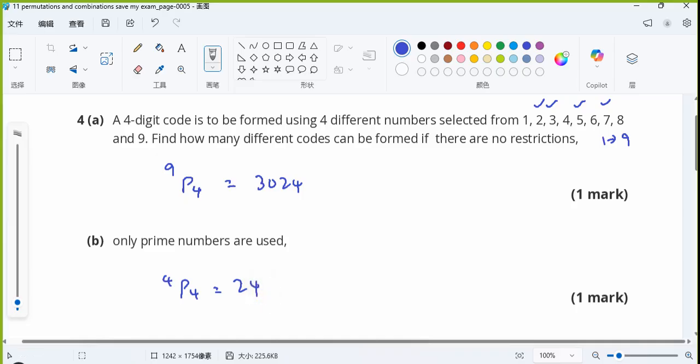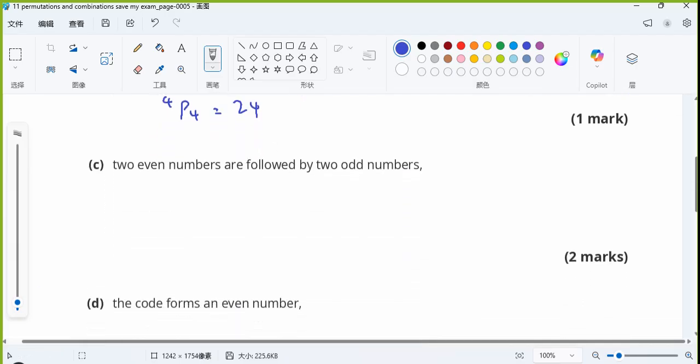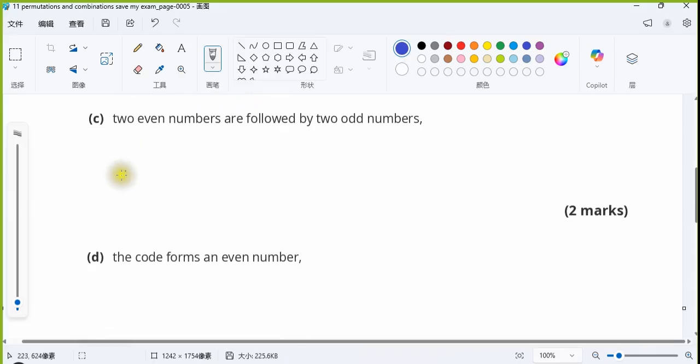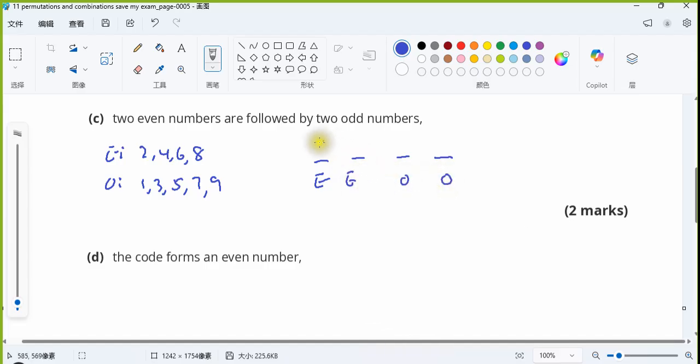Okay, and then next, two even numbers followed by two odd numbers. So the even numbers are 2, 4, 6, 8. The odd numbers are 1, 3, 5, 7, 9. So for this 4-digit code, we have two even, then two odd.